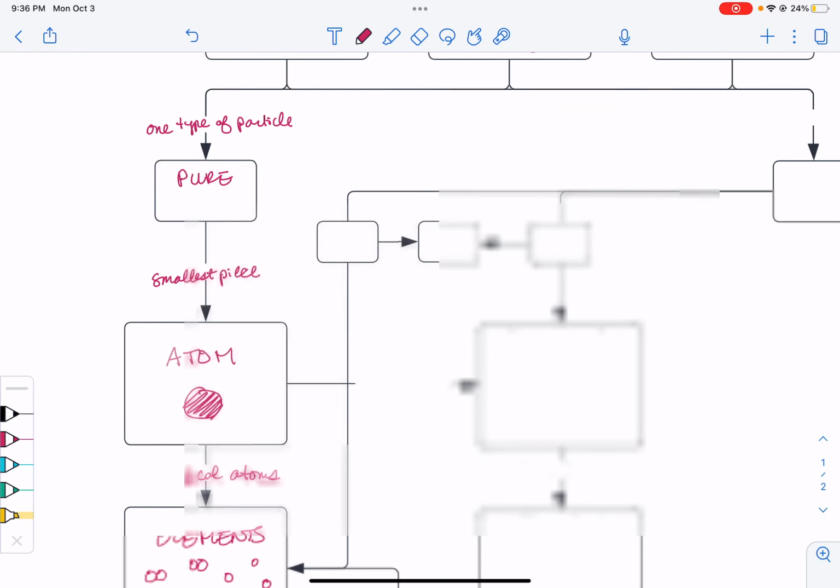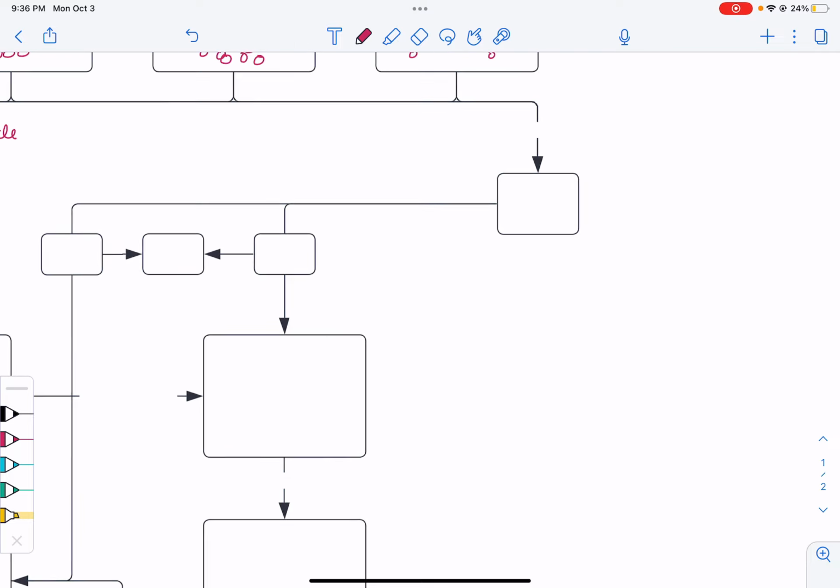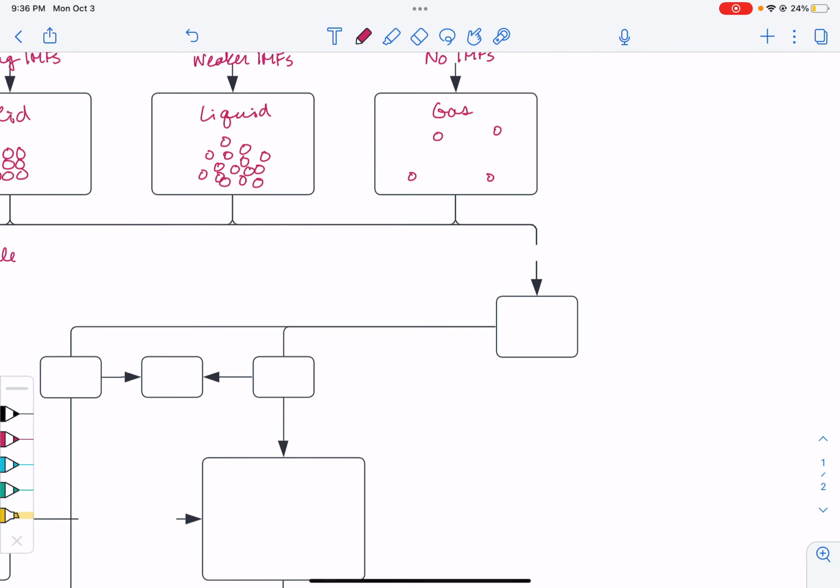So what if we have more than one type of particle stuck together? Okay, so we're going to go back up here. So we've got two or more types of particles. If they're just in the same space, we call them a mixture.